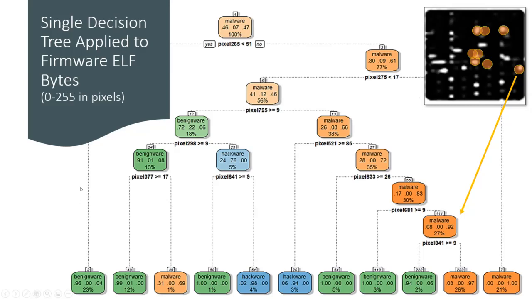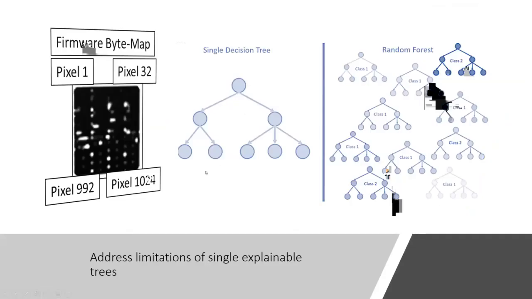But that gives you insight into explainable AI. The challenge with a single decision tree, of course, is what I was describing: a hacker can say, you know what, if you only have 6 or 7 pixels, I can modify my file and essentially confuse this single decision tree.